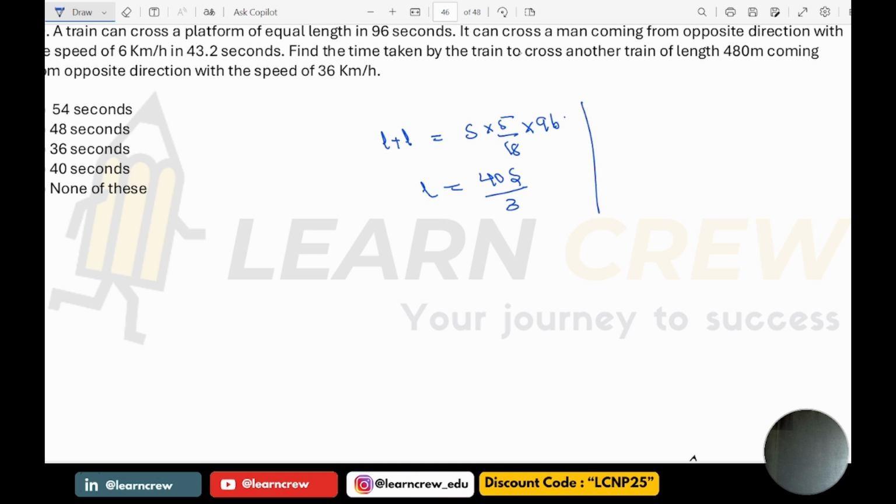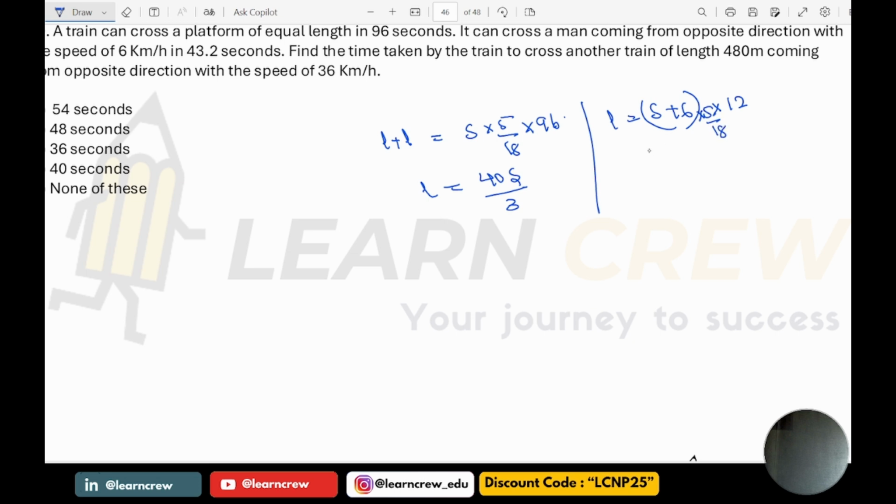In the second case, it crosses a man coming in the opposite direction. When a train is crossing a man, the distance is equal to its own length. So it is S plus 6, because both are moving in the opposite direction. S plus 6 into 5 by 18.